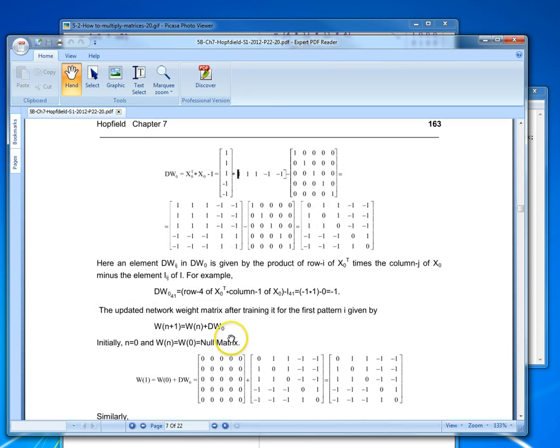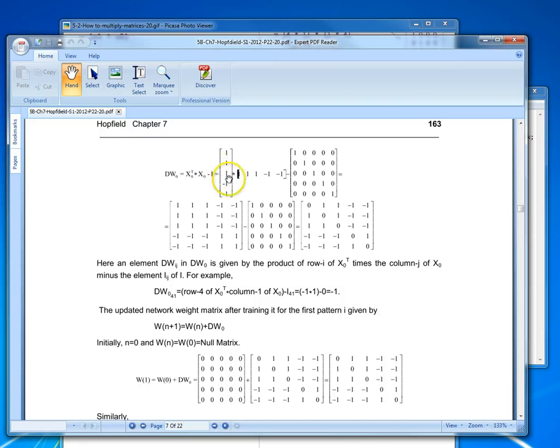And the weight change is going to be simply x0 transpose times x0 minus I. In this case, x is a row vector and the transpose of x0 is going to be a column vector.